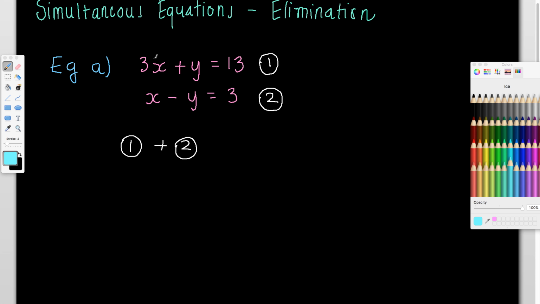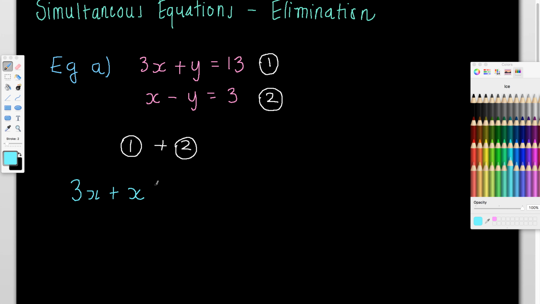So I'll show you how we would write this. If I take equation 1 and add that to equation 2, you want to look for like terms, obviously. So I'll start with the left-hand side of the equation. I'm going to add my 3x to my x. So on the left-hand side, I'm going to have 3x plus x.